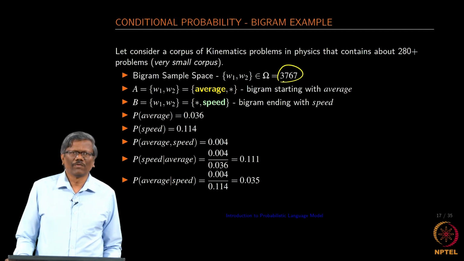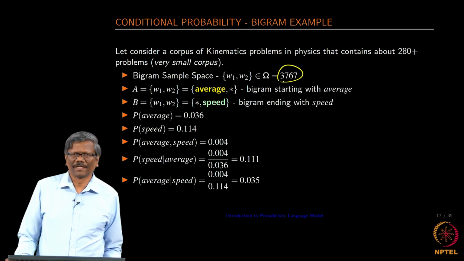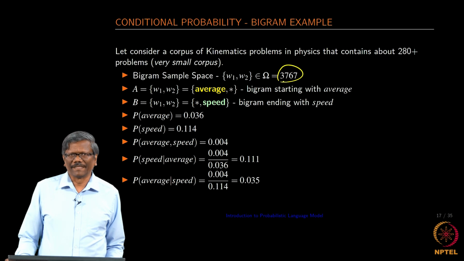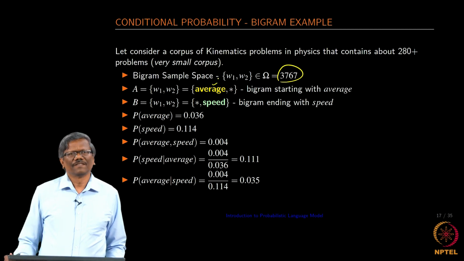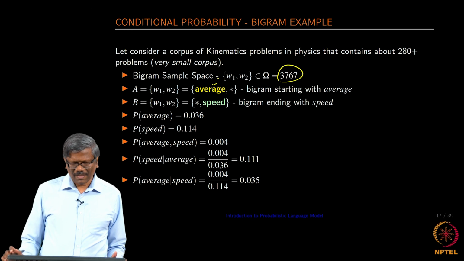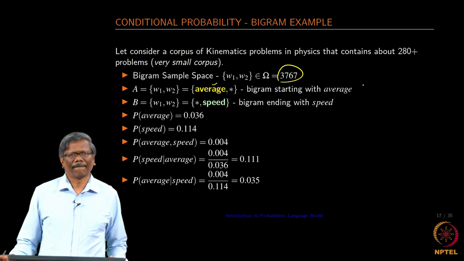Now we want to find the bigrams with the word starting with average and the words ending with speed. Let us get a set where average is used as the first word. We get all the bigrams that start with average, and the second could be anything.